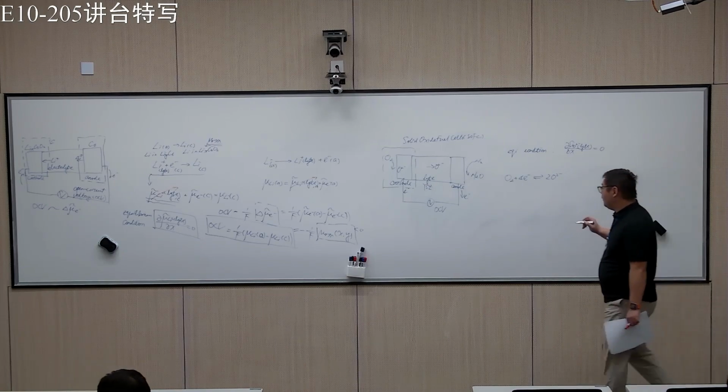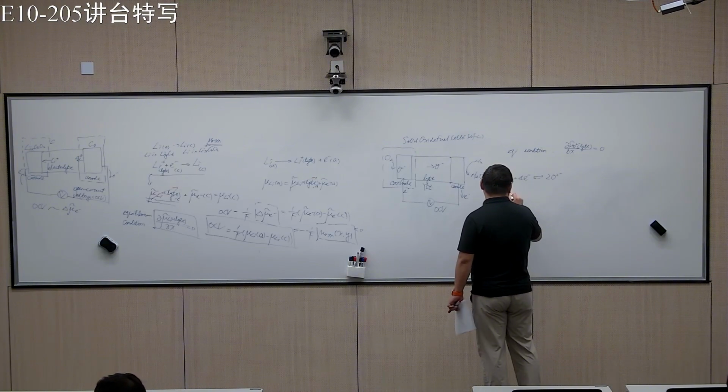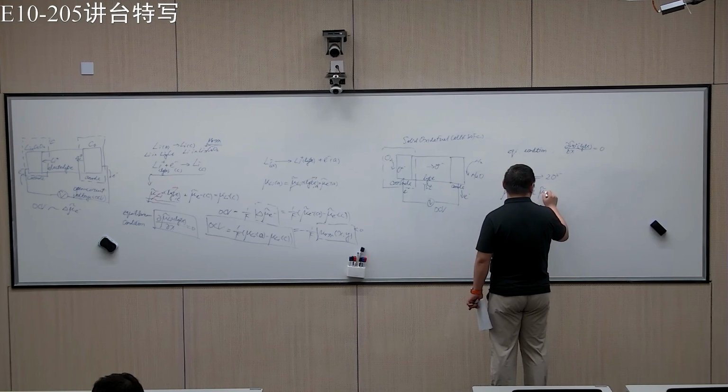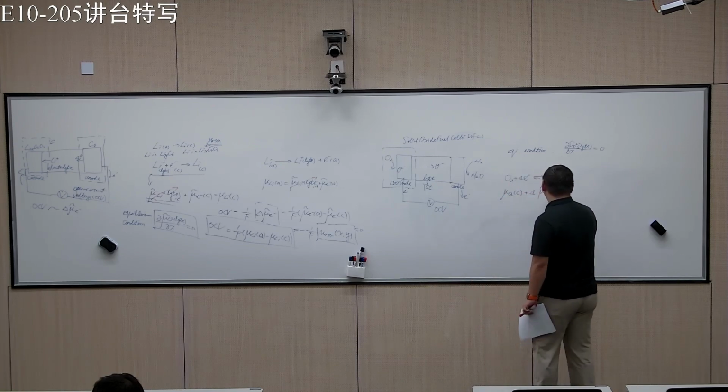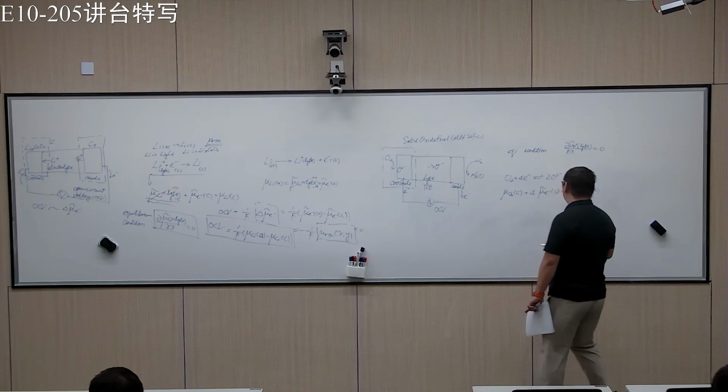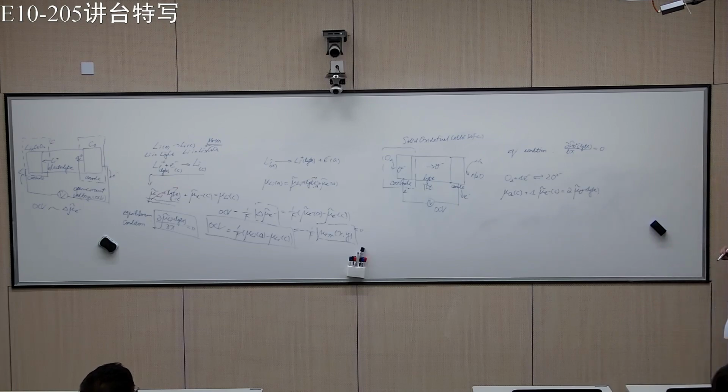So if I write that, it will be μ of O2 at the cathode plus 4 times the chemical potential of the electrons at the cathode, should be 2 times that of the electrolyte. Okay, so this is the cathode reaction.